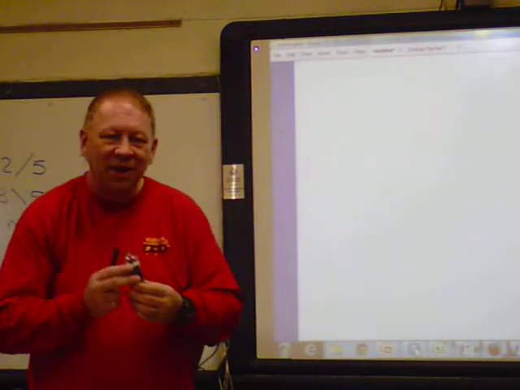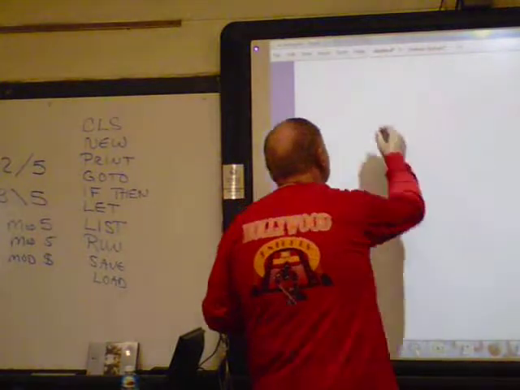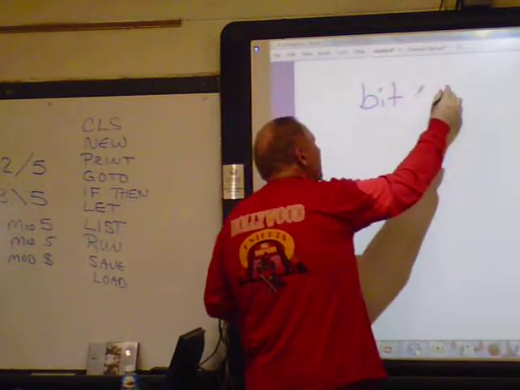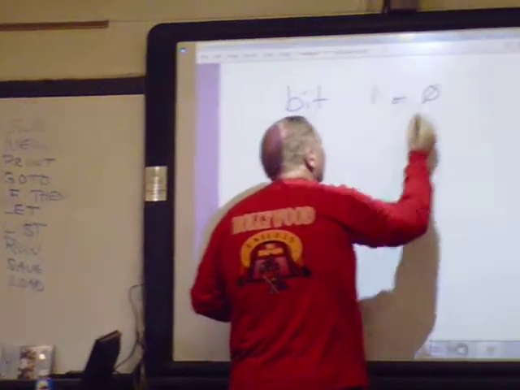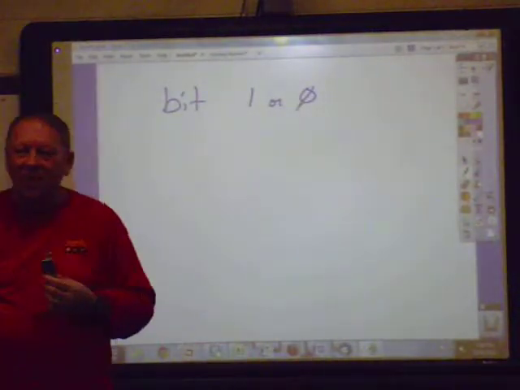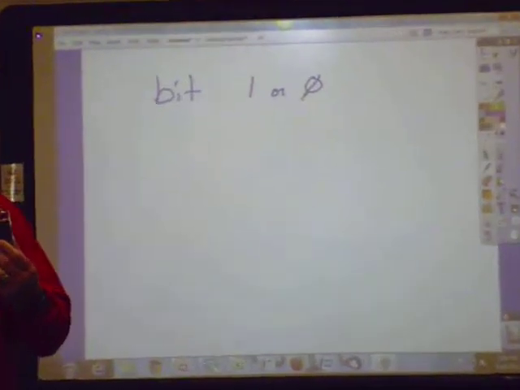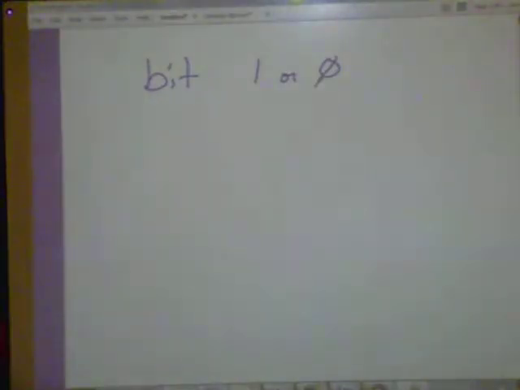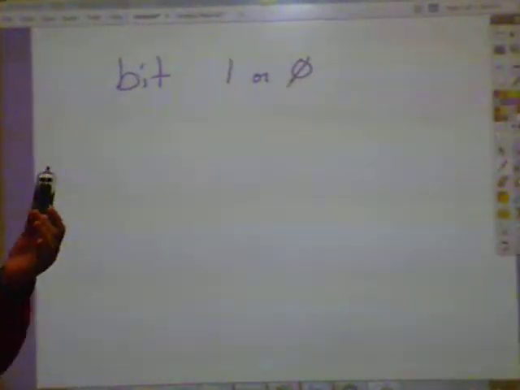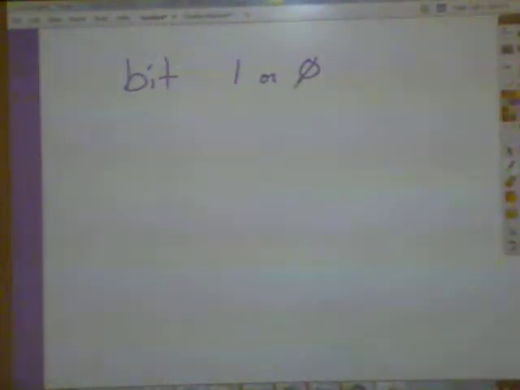That is called a bit. A 1 or 0. Binary is 1 or 0, and so binary digit, they shortened that to bit. That's what it represents.